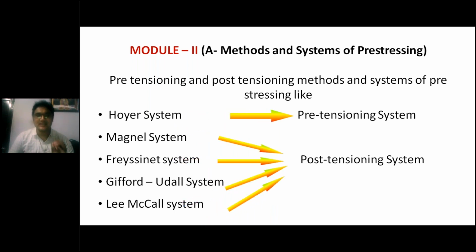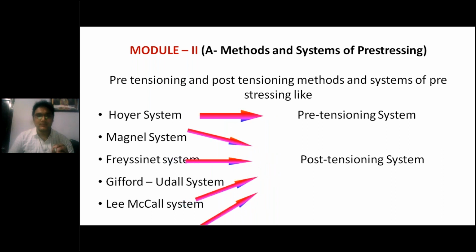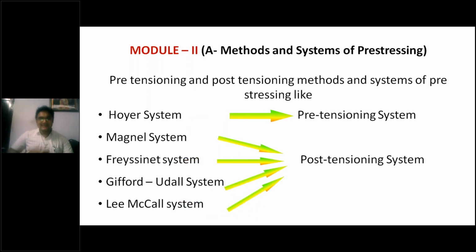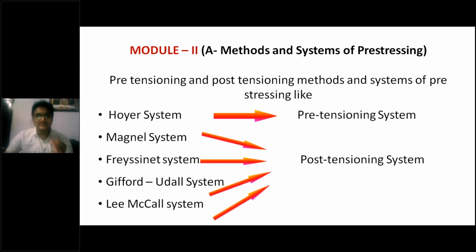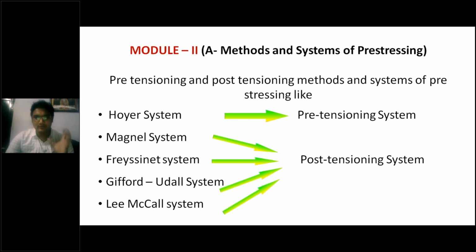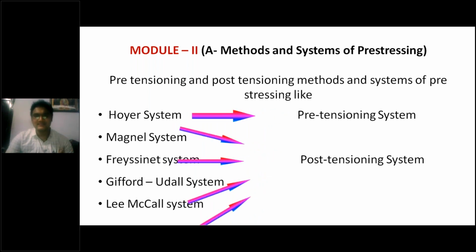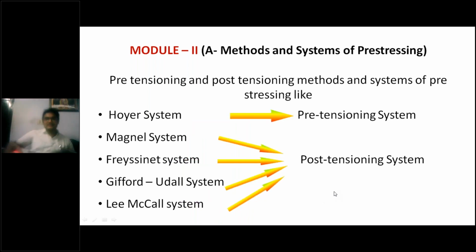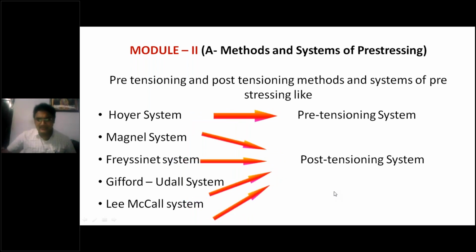These are the 5 systems available to do pre-tensioning and post-tensioning as pre-stressing technology. The Hoyer system is the one applicable to pre-tensioning. If you want to do pre-tensioning, you have to follow the Hoyer system, which explains the stages and how you have to do the pre-tensioning. That is what the system really means.